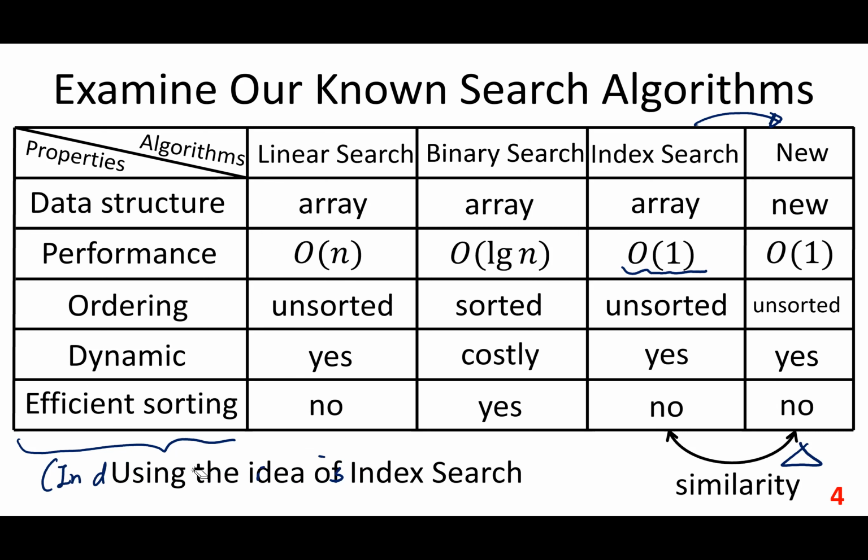Using the idea of index search. I already described the index search, right? Given the index of an array element, what do you need to find it? You do not need anything. You just retrieve it directly.